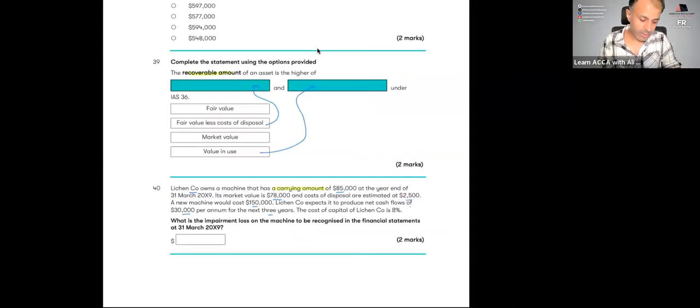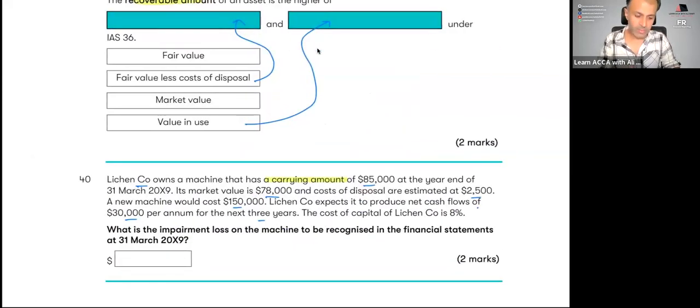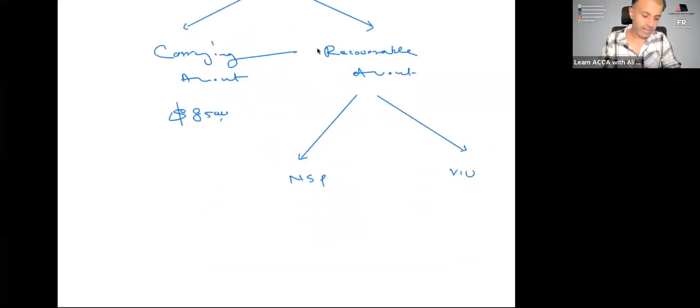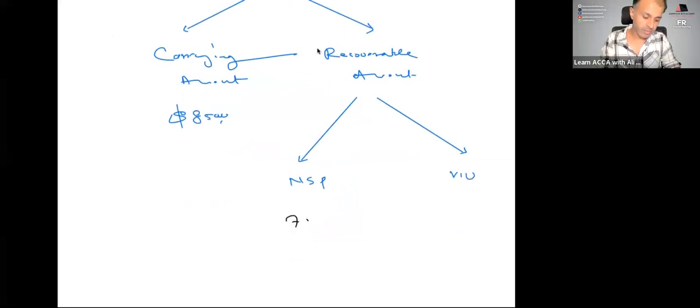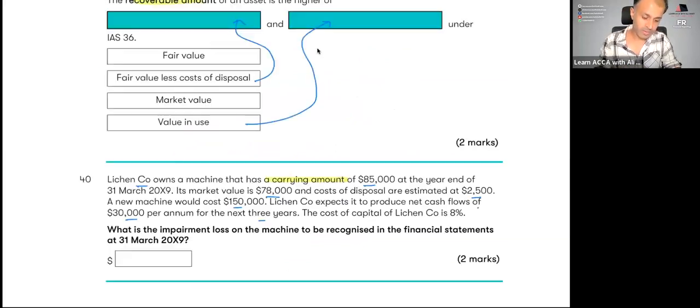The market value is going to be the asset's fair value, and the cost to sell is 2,500. So it's 78,000 less 2,500, and the figure turns out to be 75,500. Our new machine would cost them around 150,000. Irrelevant.